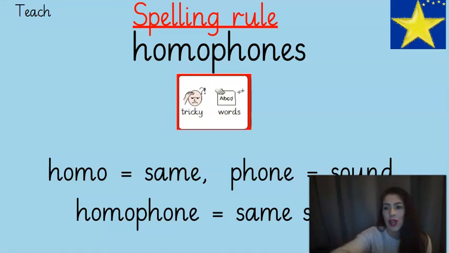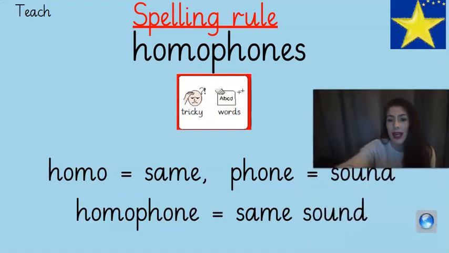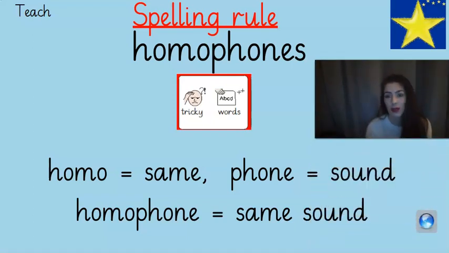Okay, so today we're going to be doing a totally different spelling rule, and this is called, my turn, your turn, homophone. Homophones. Homophone is a funny word, isn't it? Homo, it comes from Greek, the Greek language.